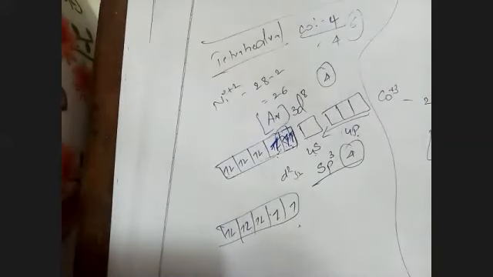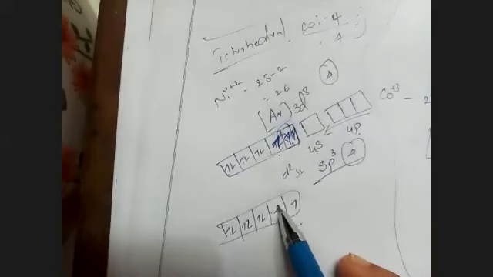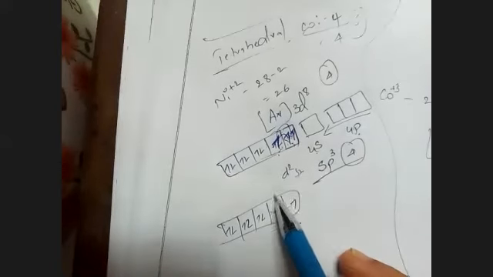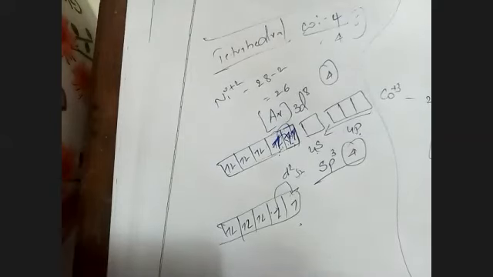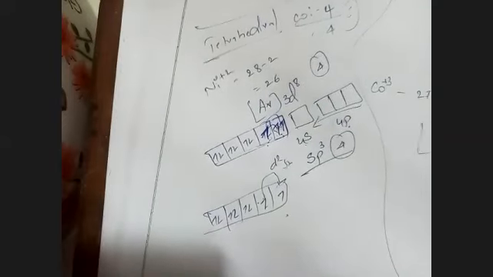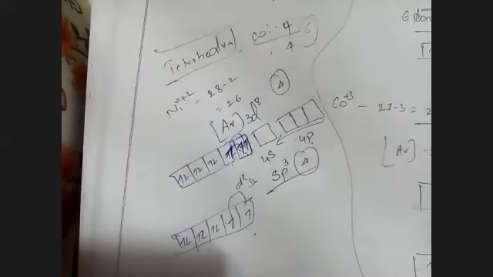Got it? These paired electrons just get excited to the outer orbital. So everything is filled, and this is your tetrahedral having coordination number 4.